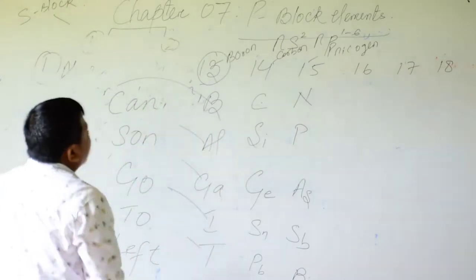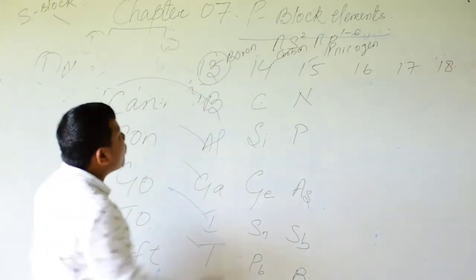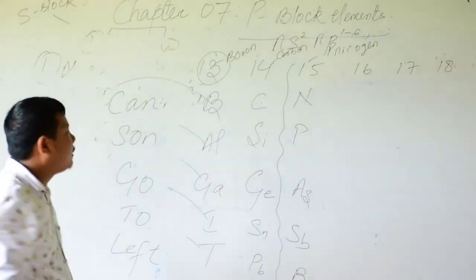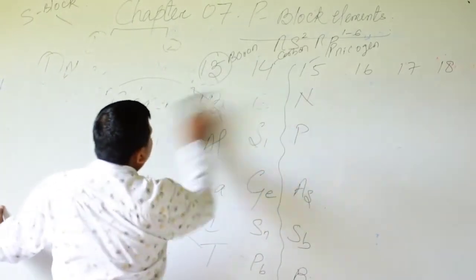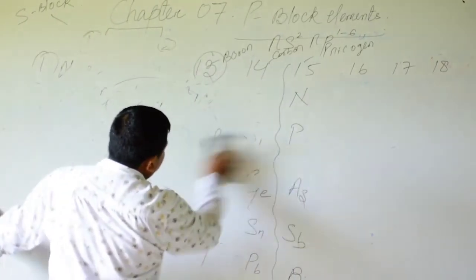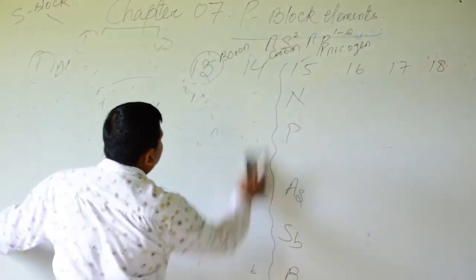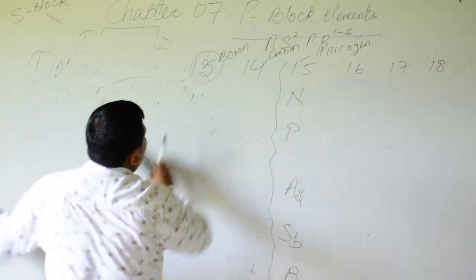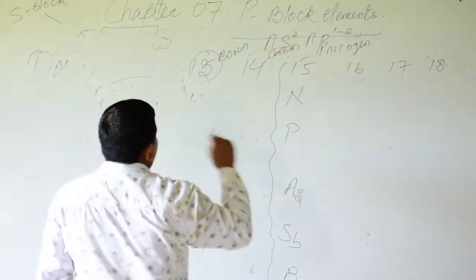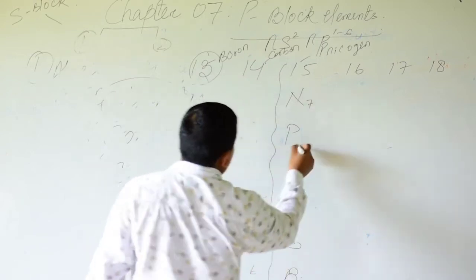Now group number 13 and 14 I will just skip because you have learned them at class level. From here I am going to start with configuration, how to write the configuration of group number 15, with s, p, d blocks. Nitrogen atomic number is 7, phosphorus is 15.